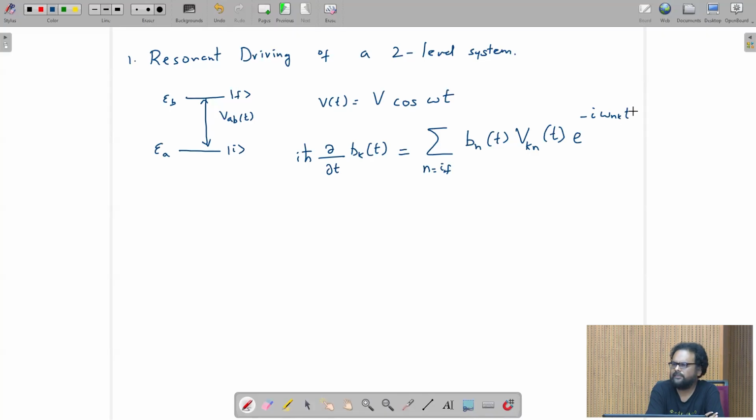Okay, so this is not that different from what we have already seen in the last class. Write out the equation of motion for the amplitudes. Basically, it's the interaction picture. Now, if I write down V, which is V cos omega t, in its complex form, I can expand this out a bit more.